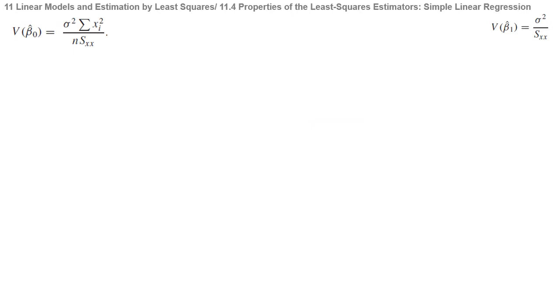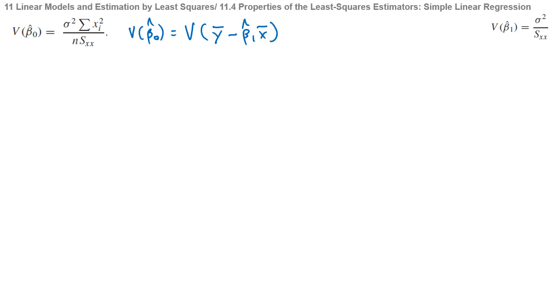Let's derive the variance of beta 0 hat. Beta 0 hat is y bar minus beta 1 hat x bar.